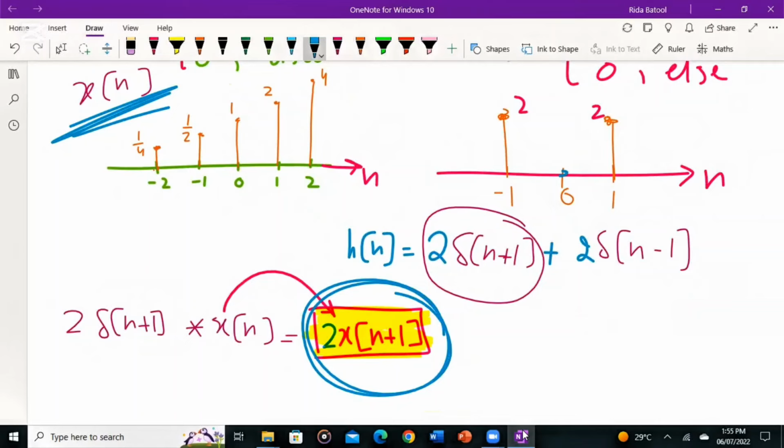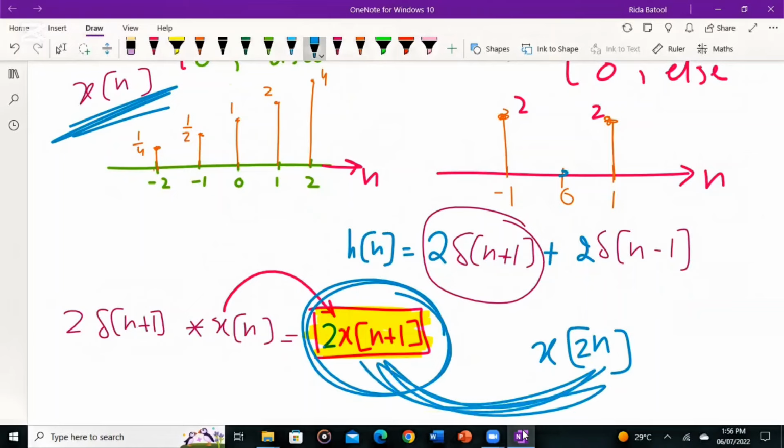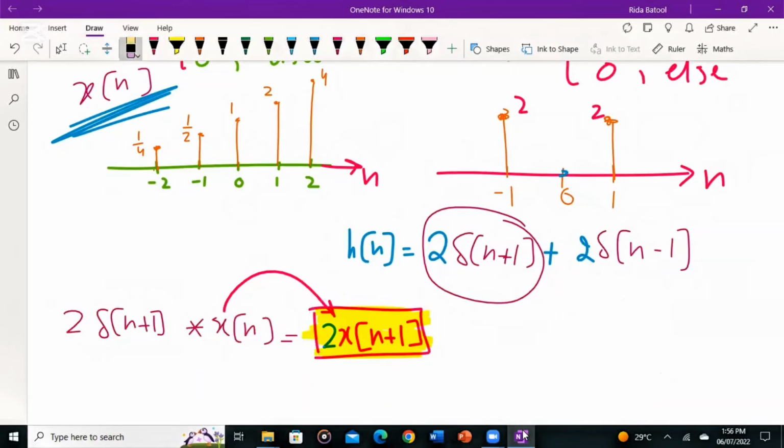No. You have to multiply the value by 2. Look, there is a difference between this and this. This 2 is affecting the amplitude, not the magnitude, and this +1 is shifting the signal towards the left side.